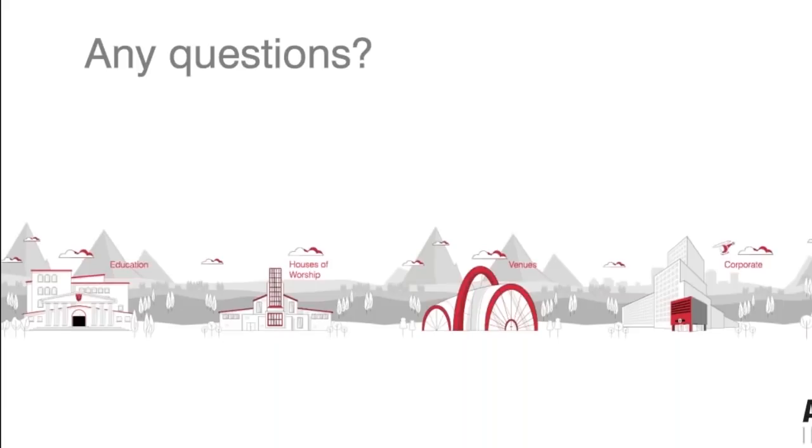Nick, you've also created a white paper which covers custom control. Yes, that should be on the website now. It's a very simple PDF document, and it will go through a bit of background on why we need control systems for AV.